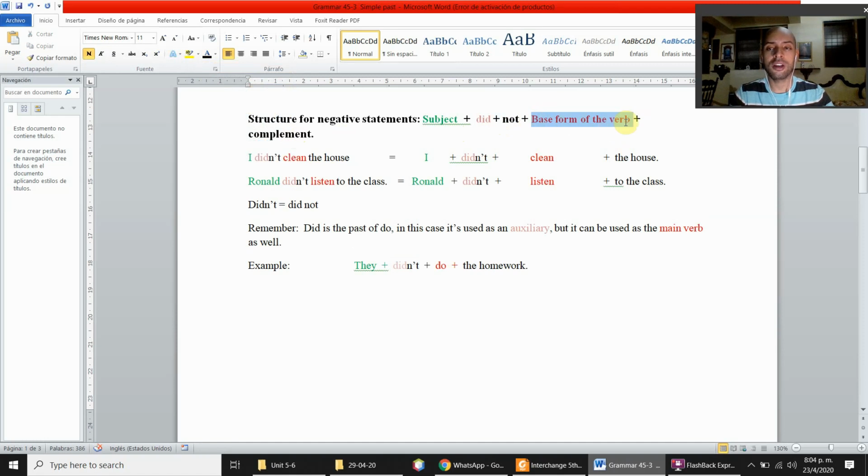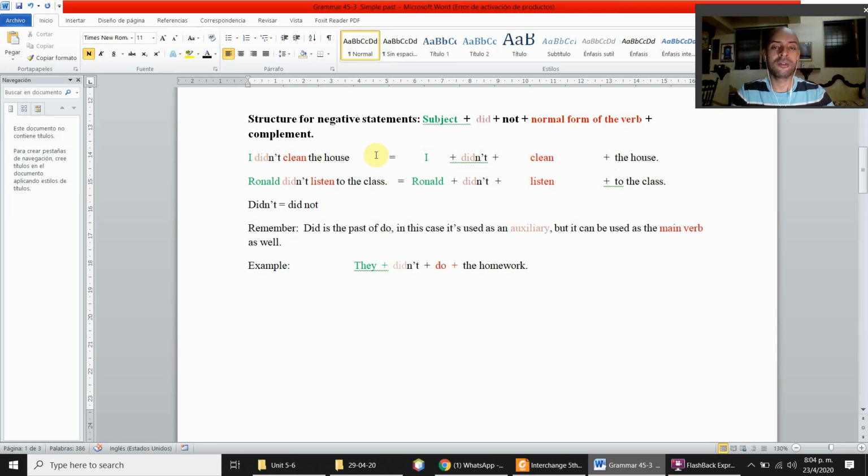Notice that here we are using the base form of the verb, the normal form of the verb. We don't modify the verb, even if it's irregular. Neither regular or irregular are modified.